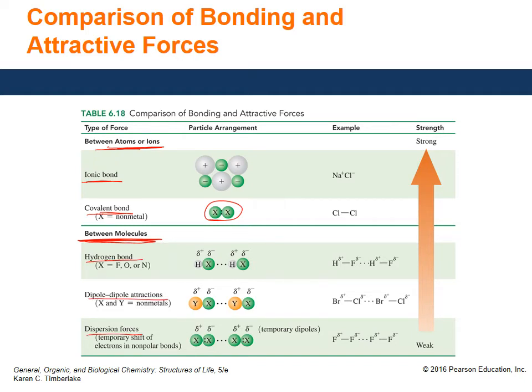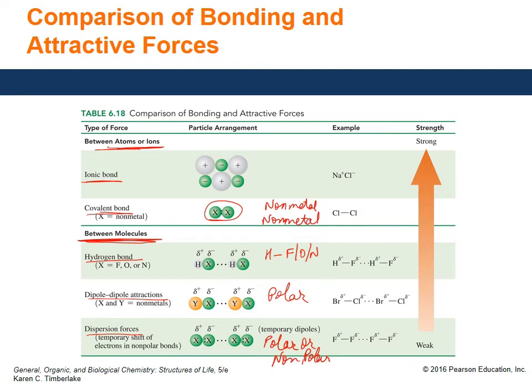Out of all of these, dispersion is present in all molecules, irrespective of being polar or non-polar. Dipole is only present in polar molecules. Hydrogen bond is present only when hydrogen is bonded to fluorine, oxygen, or nitrogen. A covalent bond is present between non-metals and non-metals, so molecular compounds.